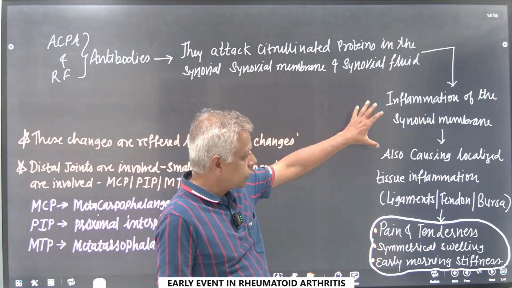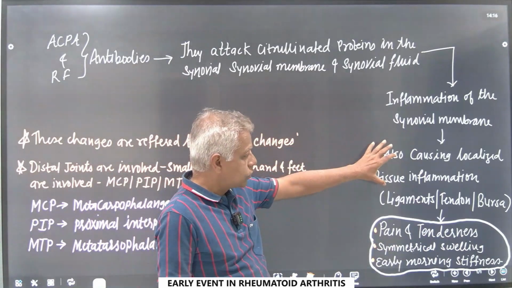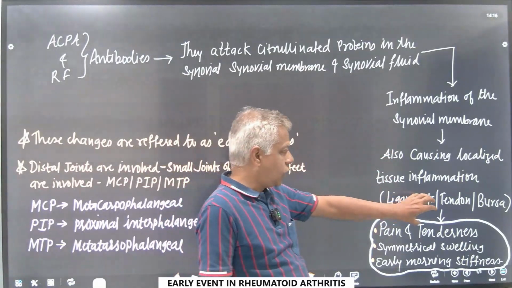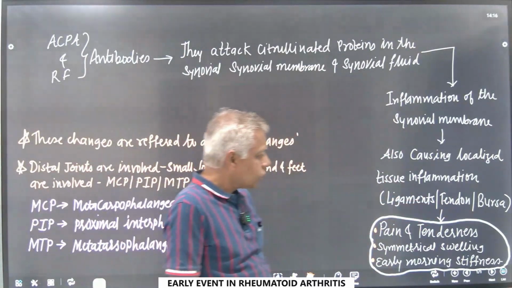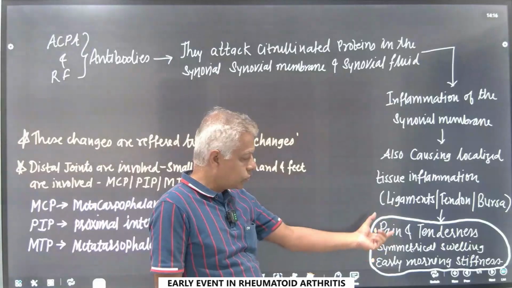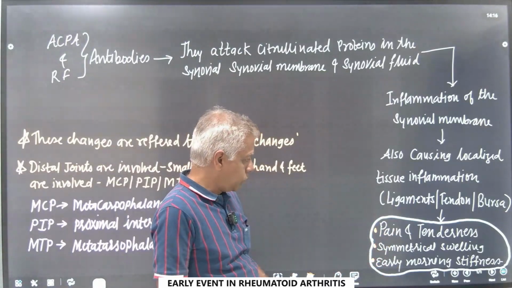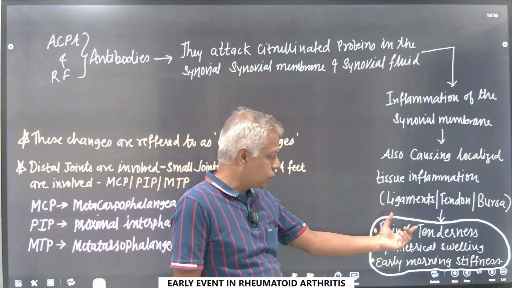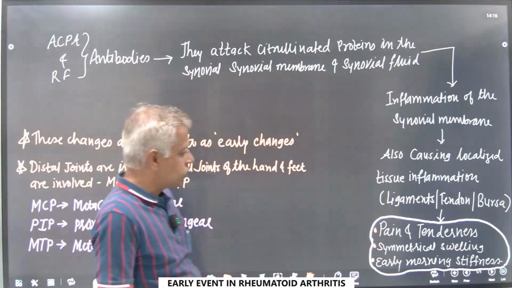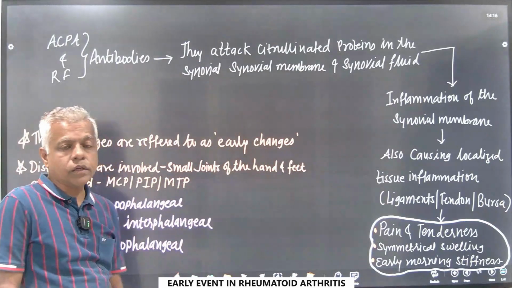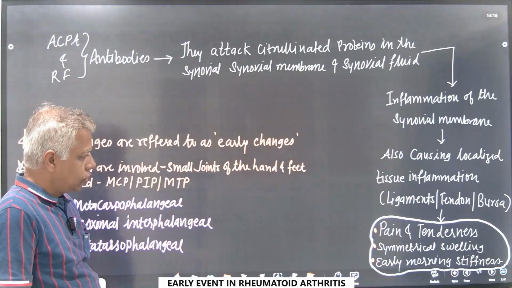So, synovitis is responsible for the inflammation of the ligament, tendon and bursa, and it is leading to these symptoms here: pain and tenderness, symmetrical swelling and early morning stiffness.